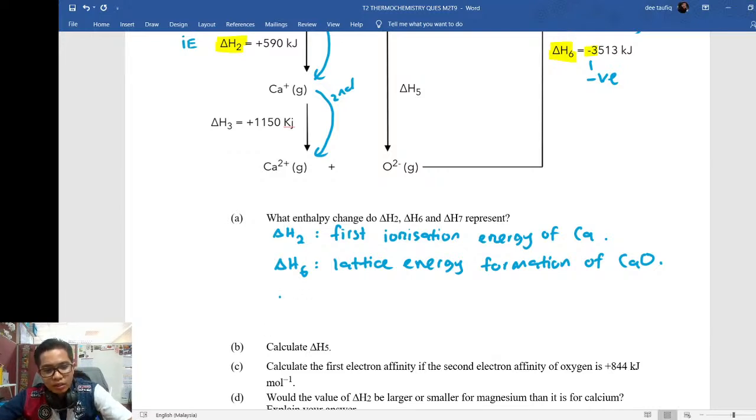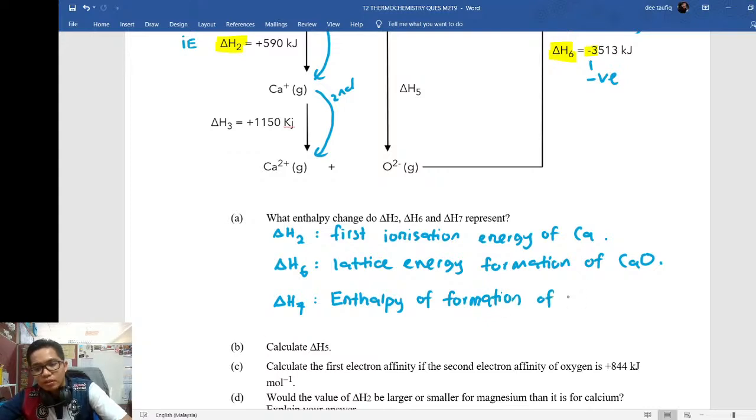And last one, delta H7 is equal to enthalpy of formation of calcium oxide. Okay. So that is the answer for number A.